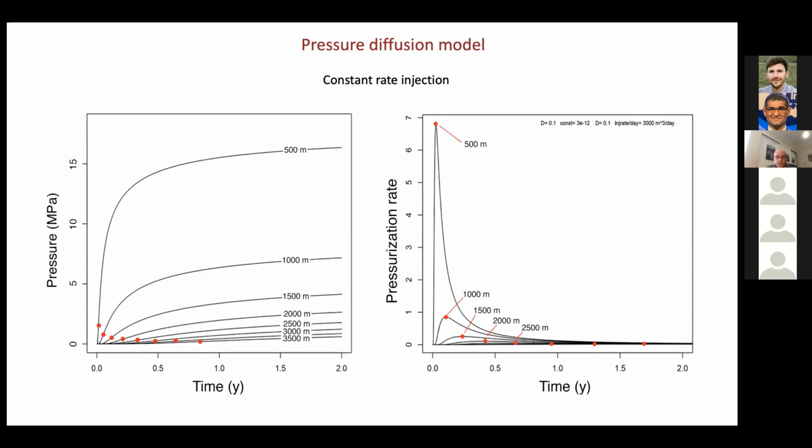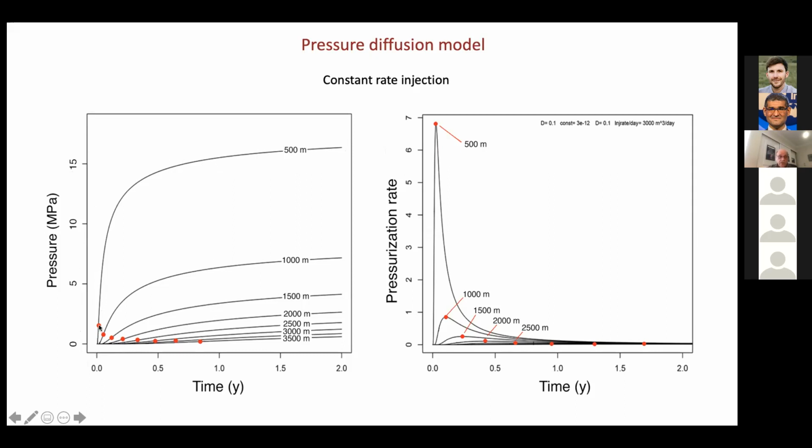Okay, so here I show just the characteristics of a uniform constant rate injection as a function of pressure and time at different distances. A characteristic of the infinite media is that when you inject at a constant rate, the pressures will rise and then go asymptotically to some constant value.